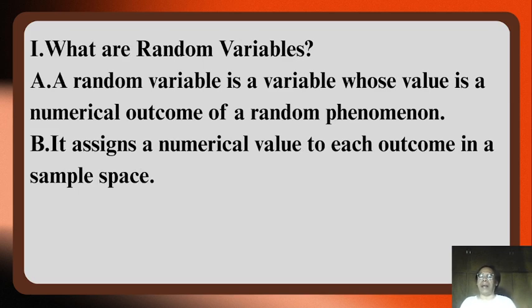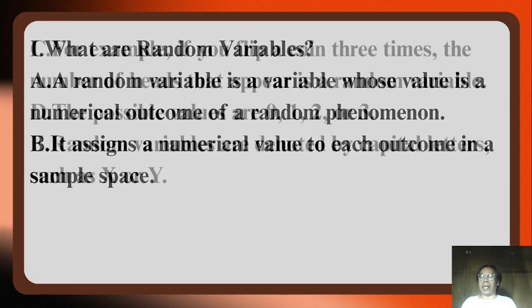What are random variables? A random variable is a variable whose value is a numerical outcome of a random phenomenon. It assigns a numerical value to each outcome in a sample space.